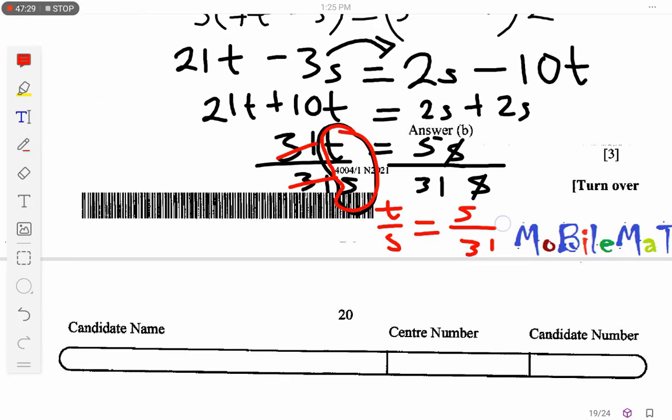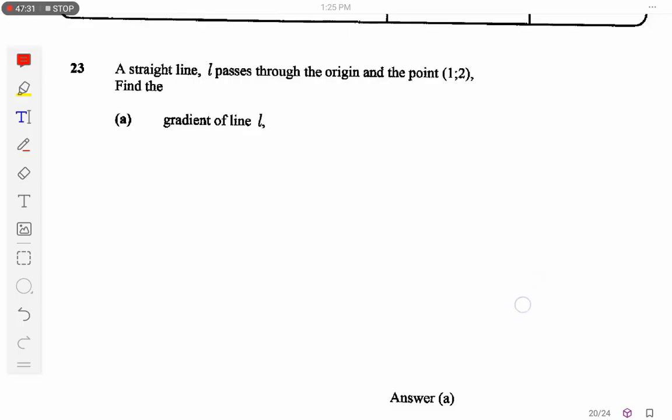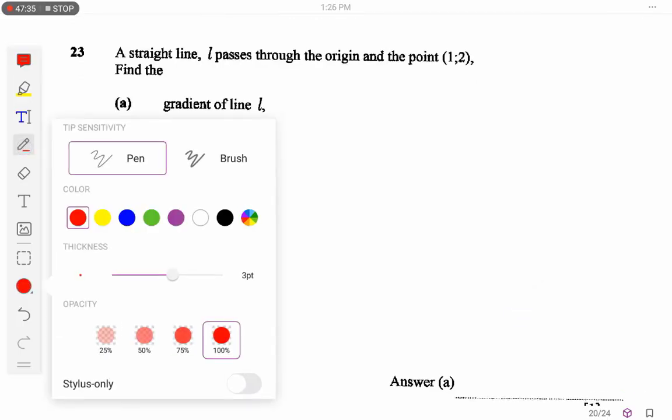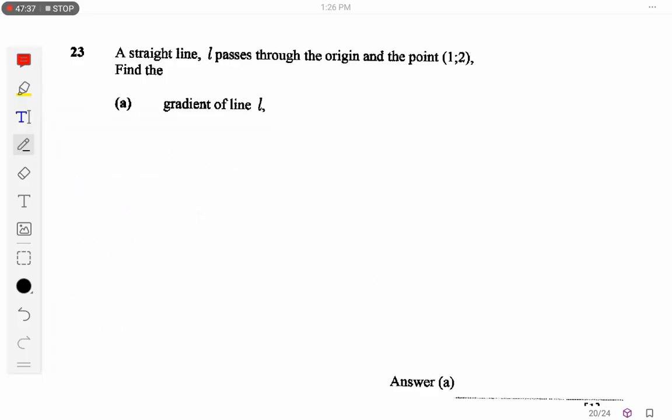Okay, let's move on. We are now given that a straight line L passes through the origin and the point (1, 2). Okay, (1, 2).